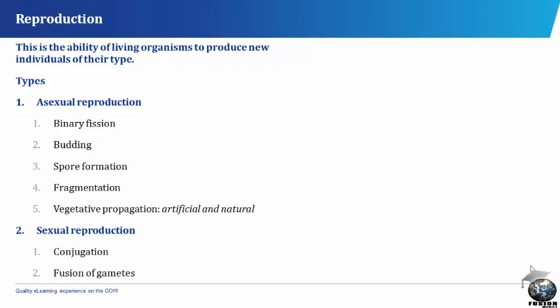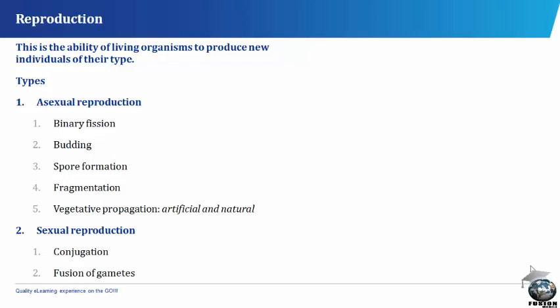So basically, the difference between asexual reproduction and sexual reproduction is, asexual reproduction involves just one parent or single individual, and sexual reproduction involves the fusion of male and female gametes which form a zygote.